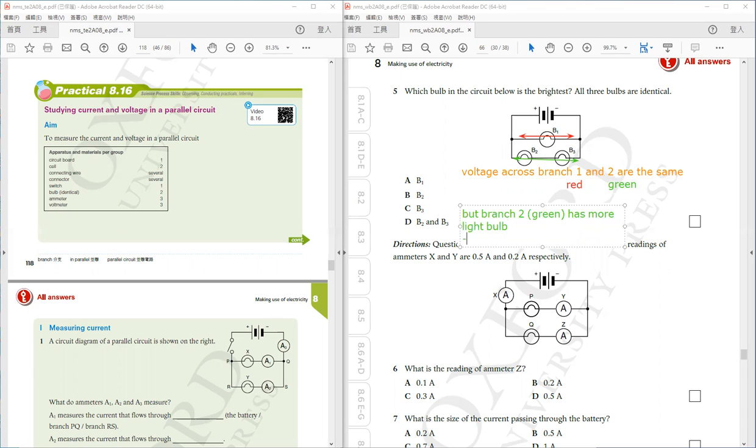Therefore, it has a higher total resistance. Therefore, it has a smaller current. Therefore, bulbs B2 and B3 give dimmer lights.